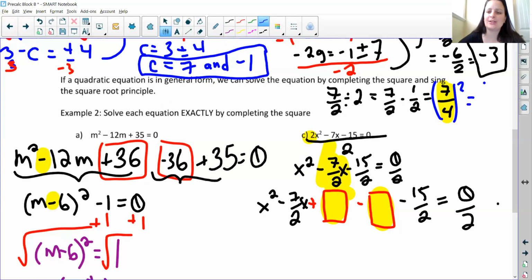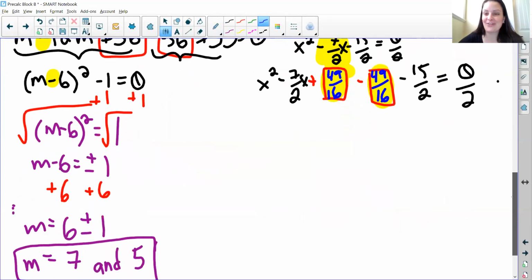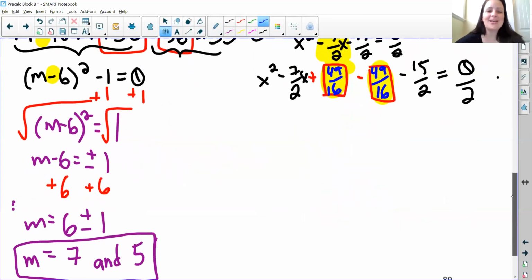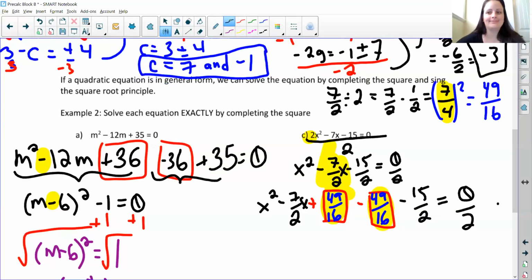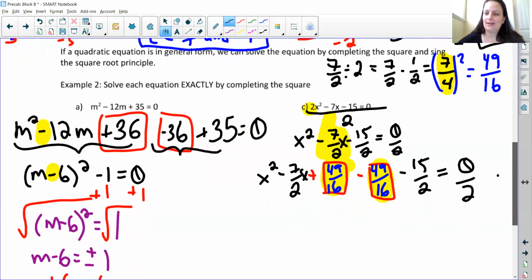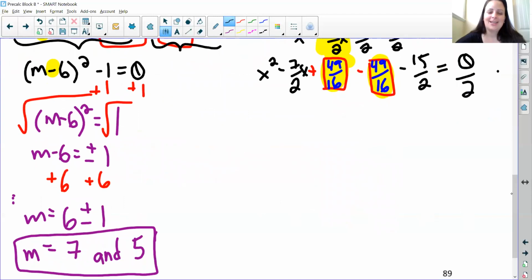So 7 squared is 49, and 4 squared is 16. So that is our lovely number that goes in here. Aren't fractions great? I love fractions. They're our friends.